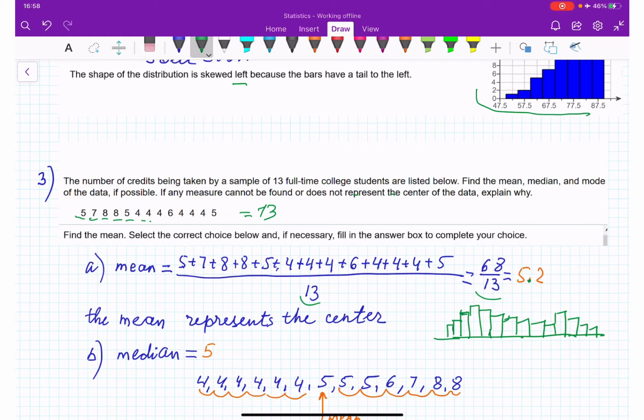See that? It's skewed to the right, right? Then the mean is going to be pulled in the direction where it's skewed.